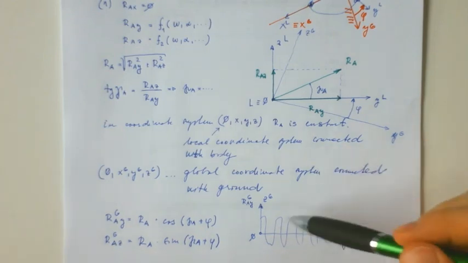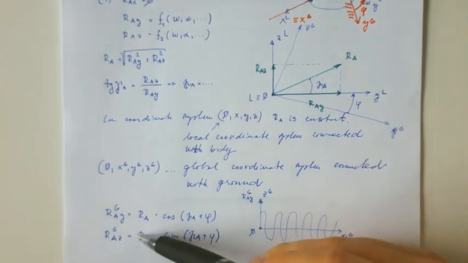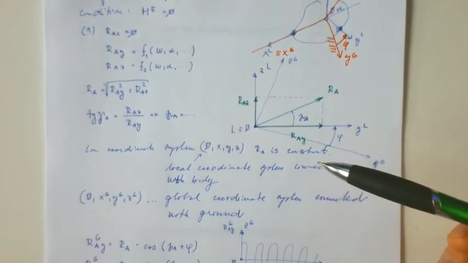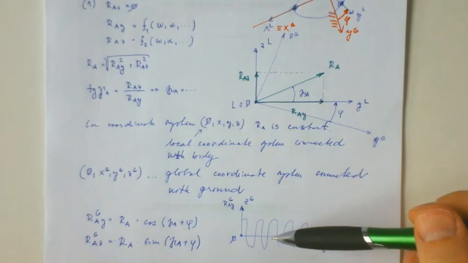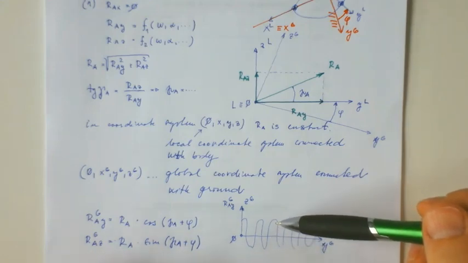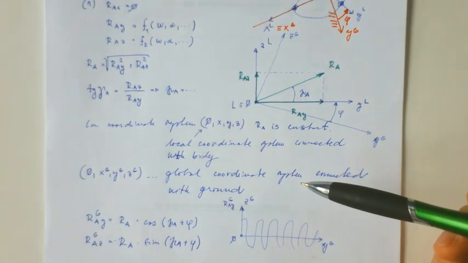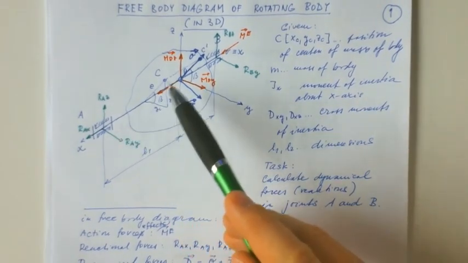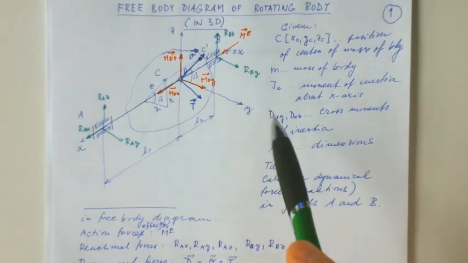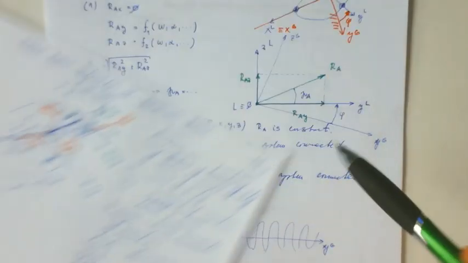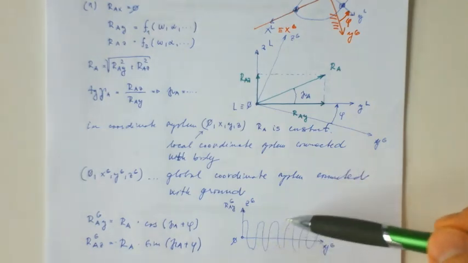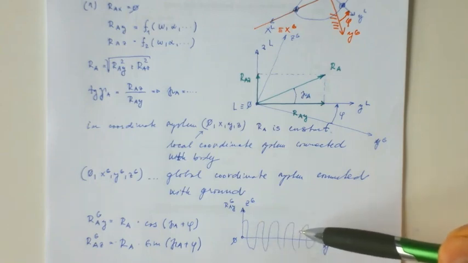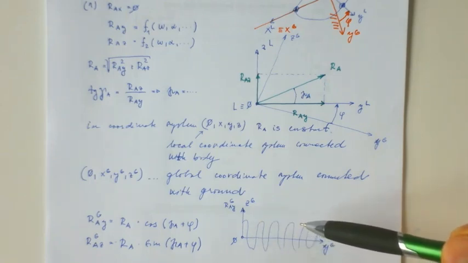The same picture we can draw for other reactions. So now maybe we understand that a rotating body, where the center of mass is not fixed to the axis of rotation, and there are some cross moments of inertia, generates dynamical forces which make vibrations, and these vibrations are dynamical effects of unbalanced bodies.